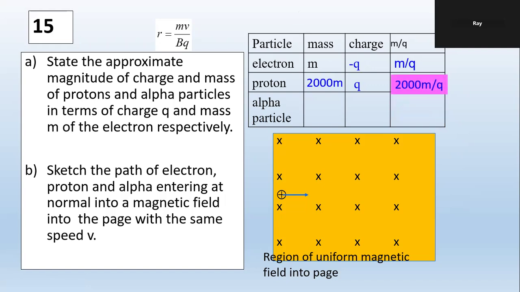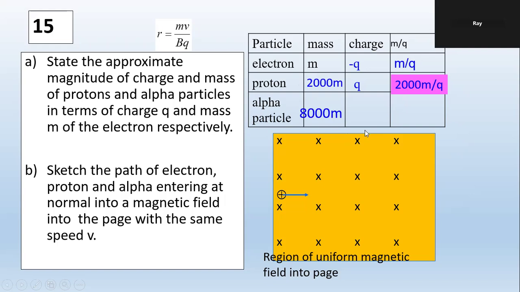Alpha: 2 proton, 2 neutron. So what should it be? We don't want the exact answer, we want about. 2 proton, 2 neutron. So 1 proton is 2000, neutron is 2000, so 8000.